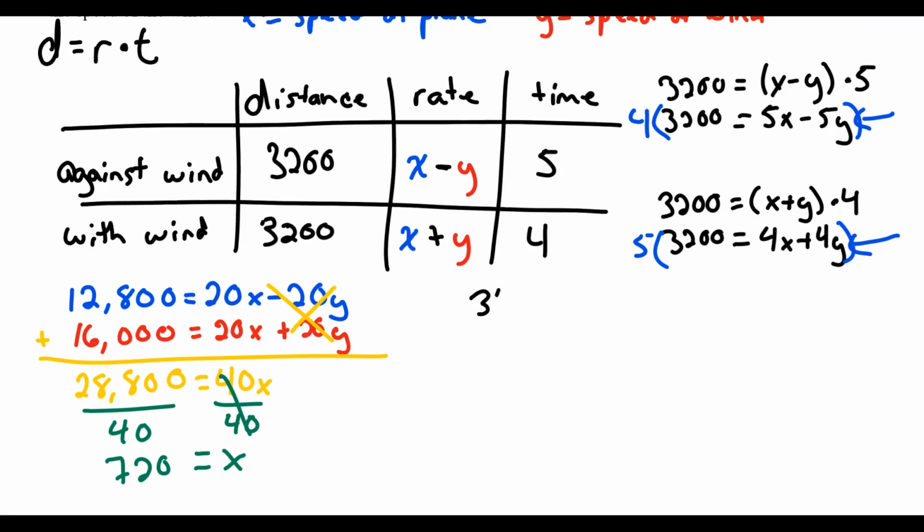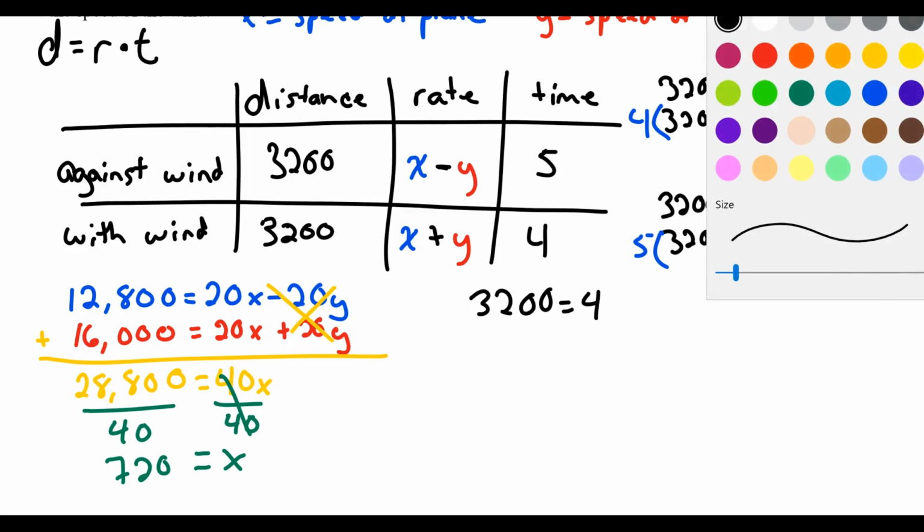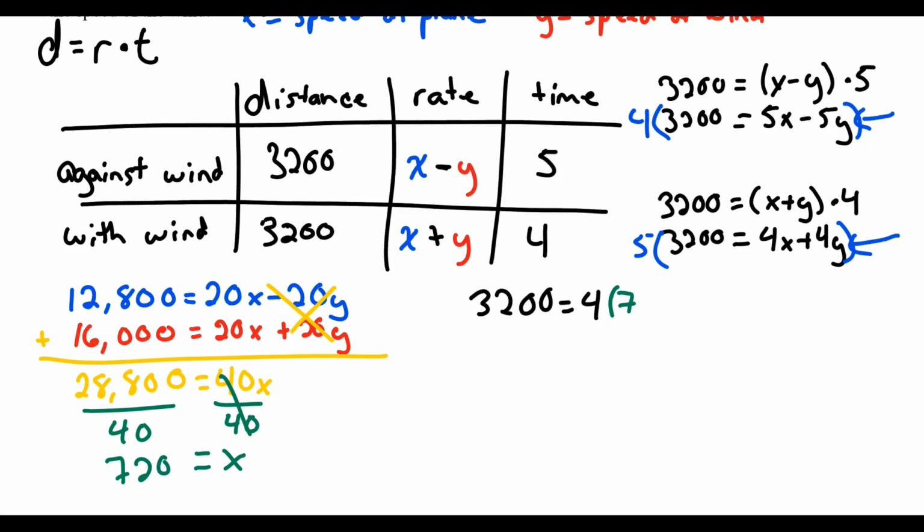So I'm going to use 3,200 is equal to 4 times my 720 plus my 4y. So 720 times 4 gives me 2,880 plus 4y is equal to 3,200.